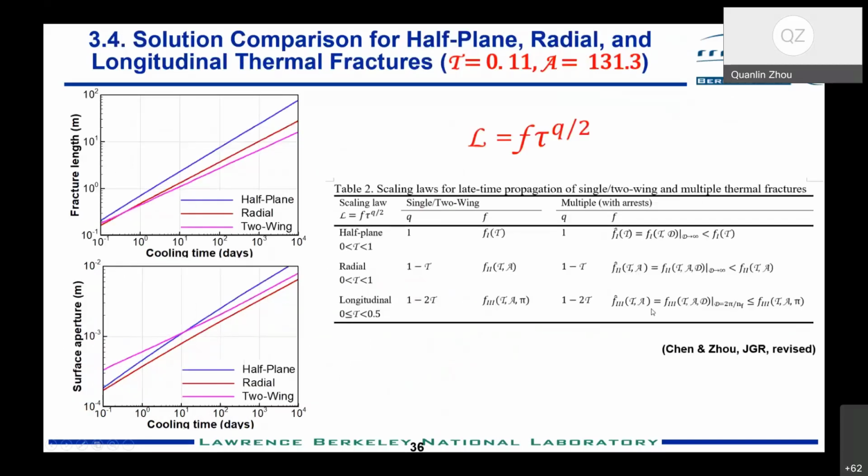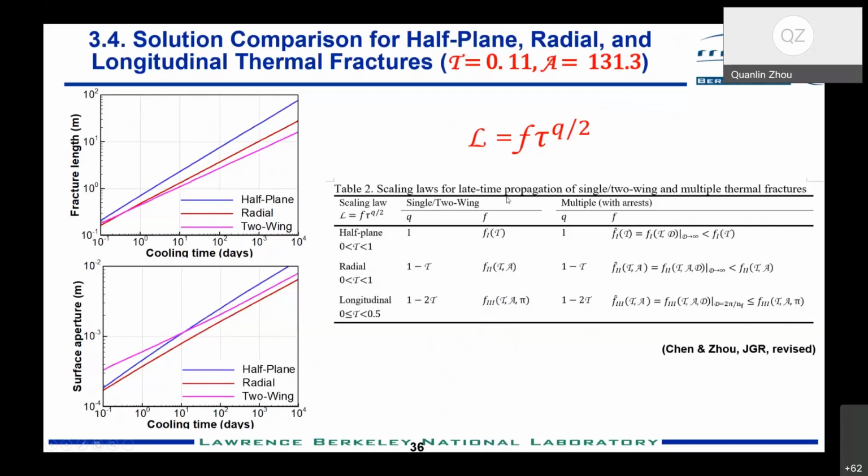And so finally, that is the comparison, again for the Utah Forge site with the in situ stress and the pressure. We can see this is the half plane solution, this is radial, and this is the two-wing solution.